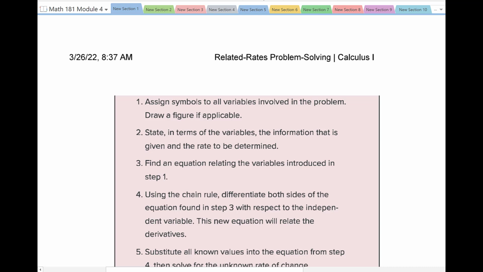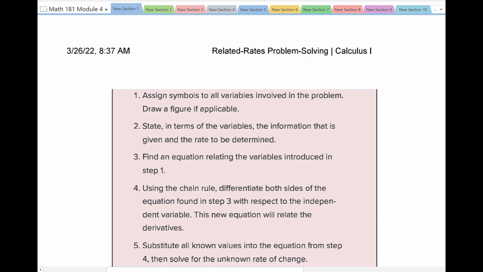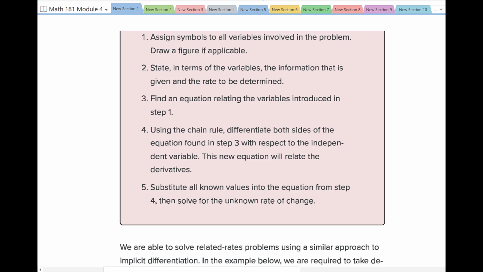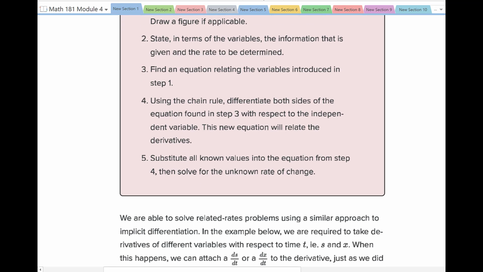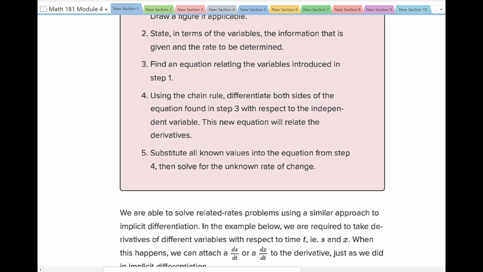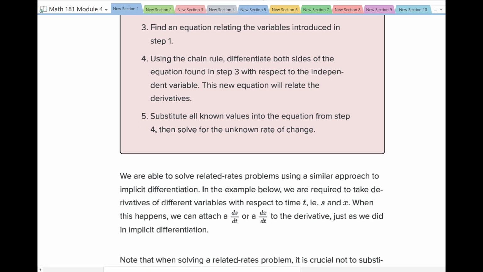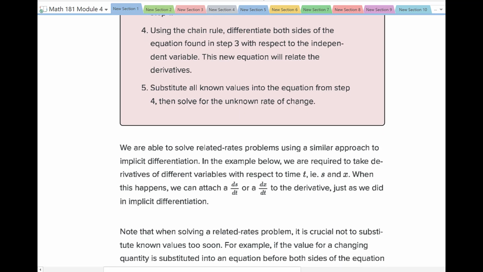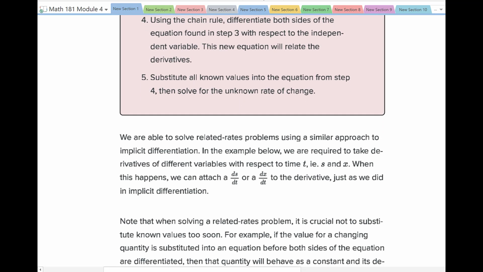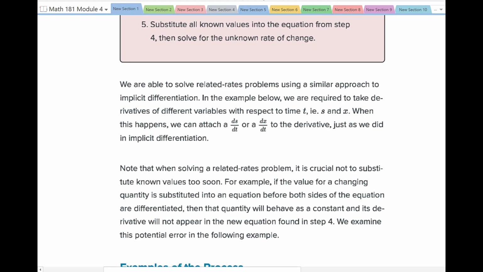Find an equation relating the variables introduced in step 1. Use the chain rule to differentiate both sides of the equation found in step 3 with respect to the independent variable. This new equation will relate the derivatives. Substitute all known values into the equation from step 4, then solve for the unknown rate of change.